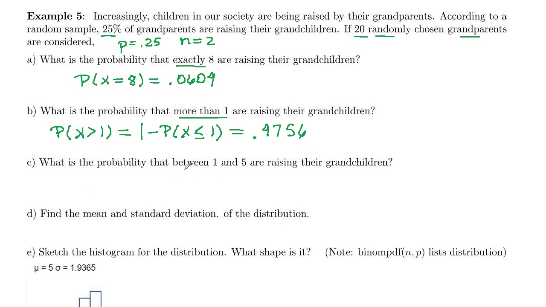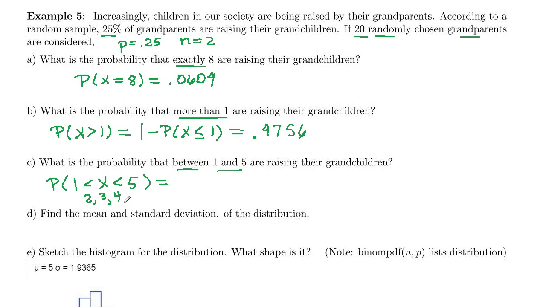What is the probability that x is between 1 and 5? If you're strictly between 1 and 5, that would be the probability that 1 is less than x. Oops, we want strictly less than. X is less than 5. So strictly between 1 and 5 would be 2, 3, or 4. Remember, we have to rewrite this with less than or equal probabilities.